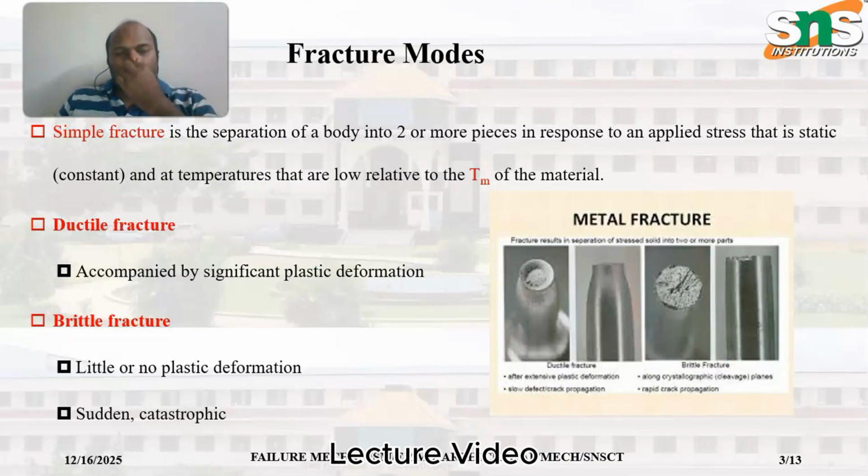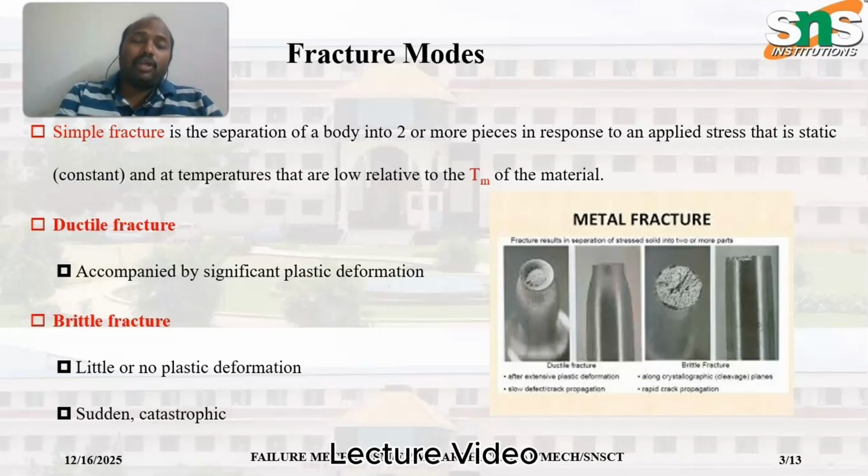The first one is ductile fracture. In short, we can explain ductile fracture in a simple way. If you take a tender stick broken from a tree, once you break it into two pieces, you can see a cup and cone like structure formed, like this, right?